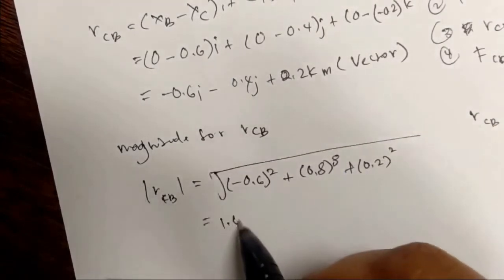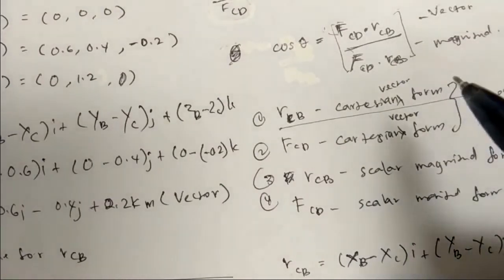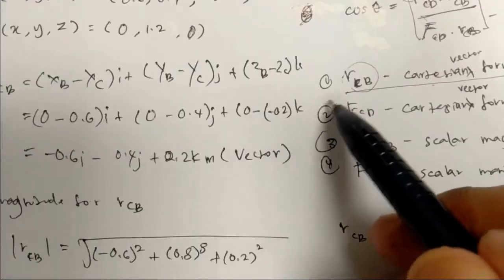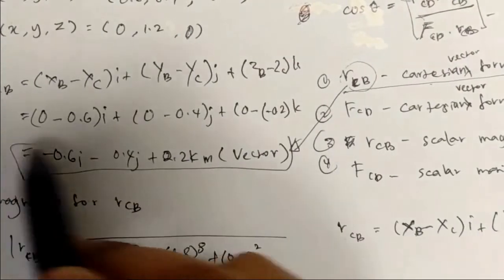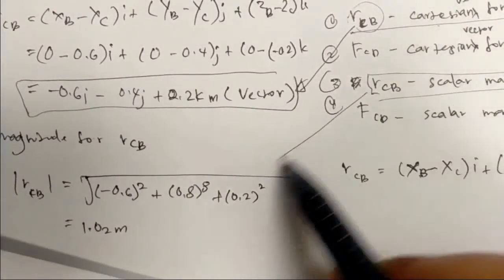So you will get 1.02 meter. Okay, so you already get the Cartesian vector form for RCB, which is this one, and then the magnitude scalar form for RCB, which is this one.